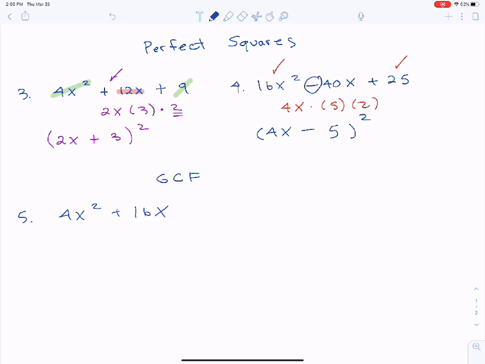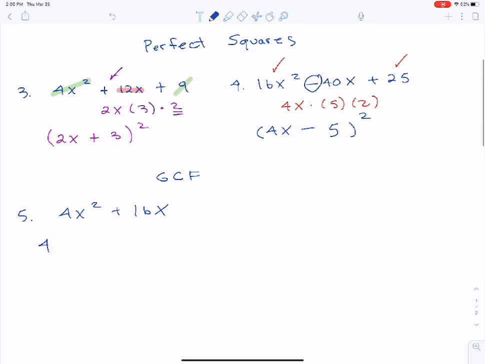In this case, I'd say, is there a number that goes into both terms? And if there is, what is the biggest number that goes into both terms? So I think you'd agree that 4 is the biggest number that goes into both terms. Then I say, what is the biggest variable that goes into both terms? Well, the highest degree variable is x. X is in both terms. Both these terms are divisible by x. So this is our greatest common factor.